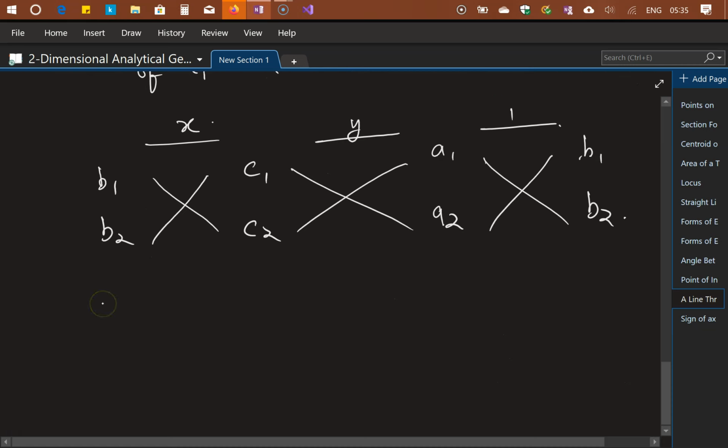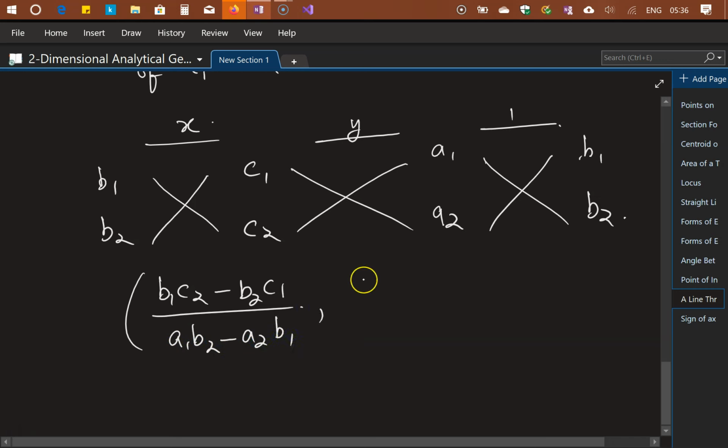So our coordinates of the point of intersection would be x equals (b1 c2 minus b2 c1) by (a1 b2 minus a2 b1), and the y coordinate will be (c1 a2 minus a1 c2) by (a1 b2 minus a2 b1).